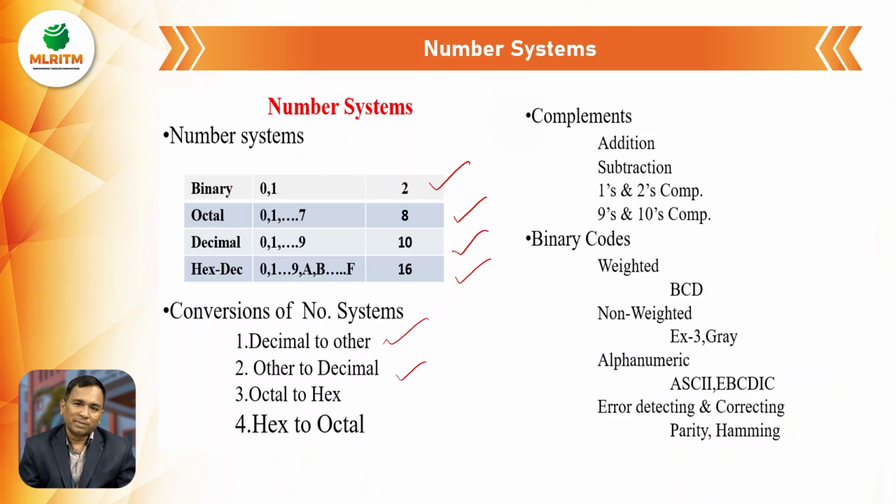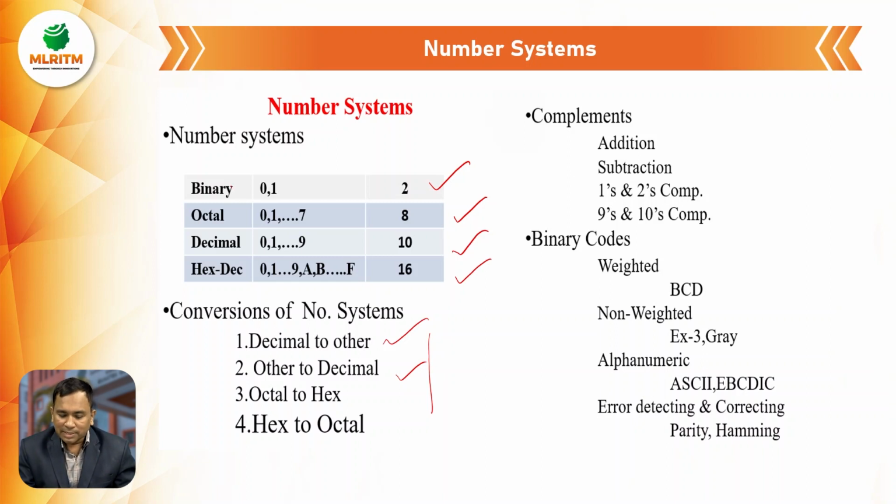But in other to decimal, I take the input as hexadecimal, binary, or octal, and the final output is decimal. Like that, numbering systems are converted into the remaining formats.